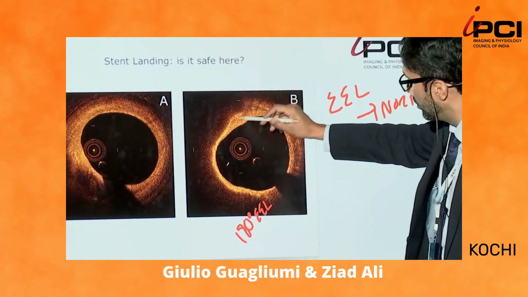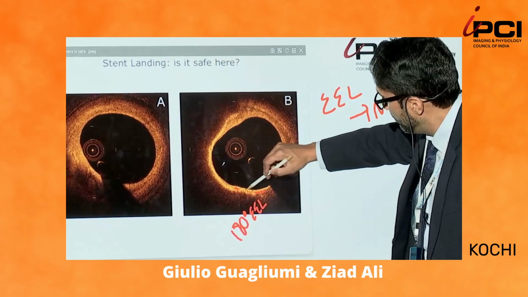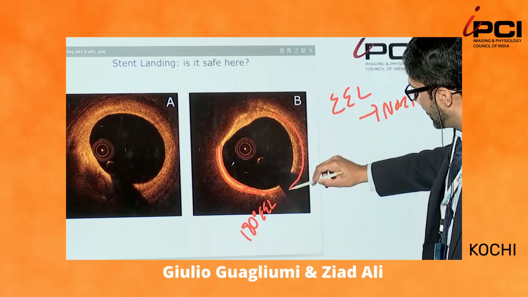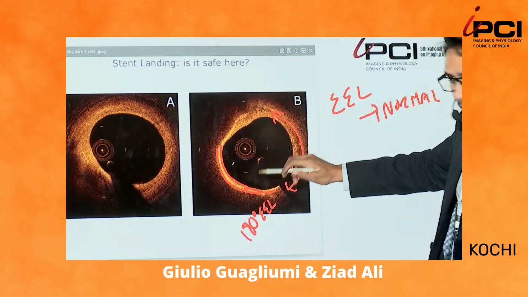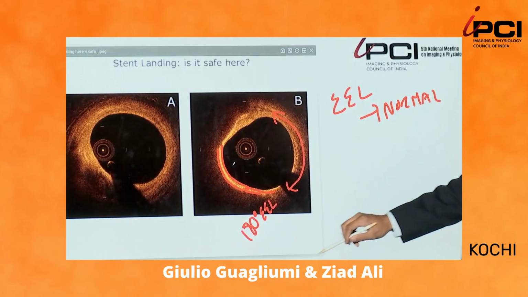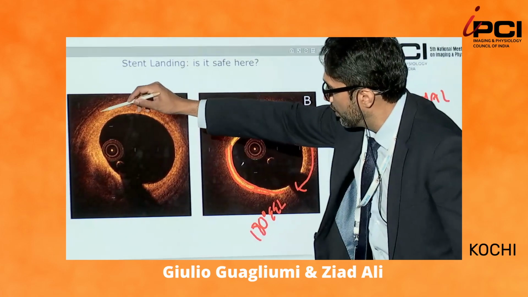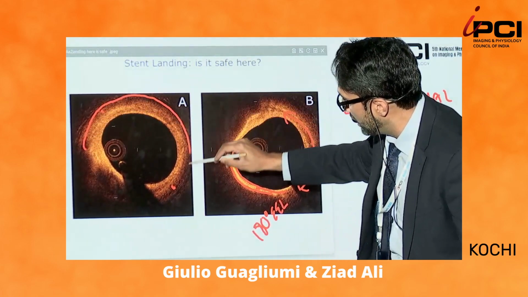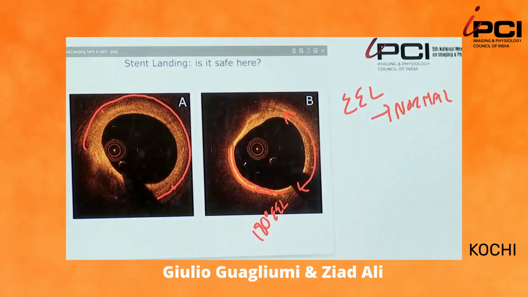Here, you have a lot of lipidic plaque, a relatively thin cap with very little external elastic lamina. And as a result, you're more likely in this situation to create a dissection. Rather here, we're able to measure EEL to EEL, and actually, we have a large area from which we're able to measure.